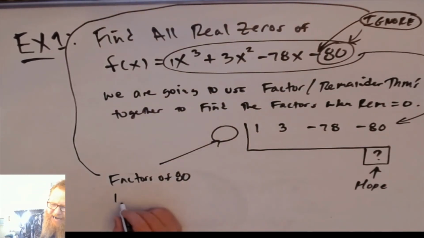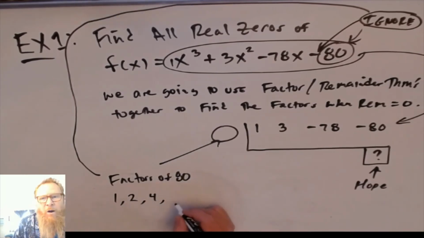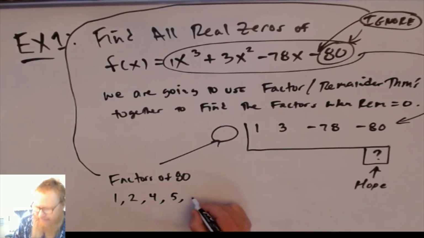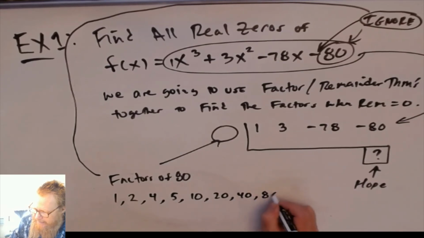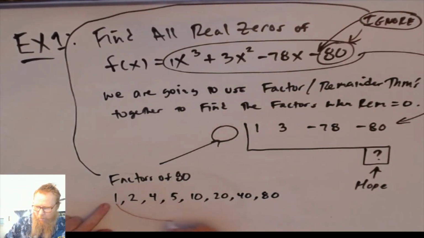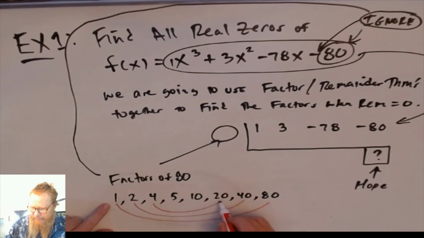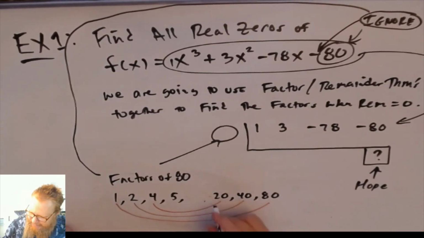So factors of 80 are 1, 2, 4, 5, 10, 20, 40, and 80. One way to make sure that you get all the factors of 80 is to pair them up. 1 and 80, 2 and 40, 4 and 20. Oh, I missed one. 5 and 16.